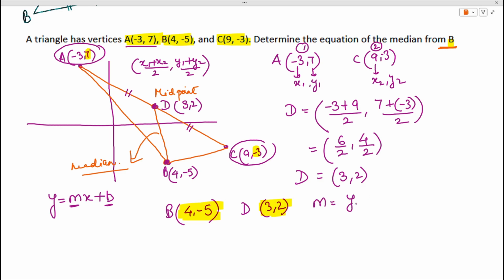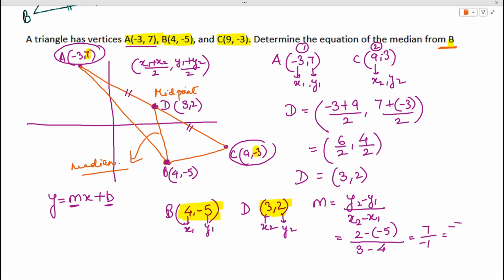The slope formula is y2 minus y1 over x2 minus x1. So this is x1, y1, x2 and y2. Using the formula, we have 2 minus negative 5 divided by 3 minus 4. So we have 2 plus 5, which is 7, divided by negative 1. So our slope is negative 7.